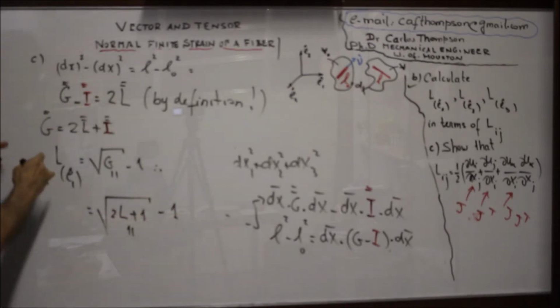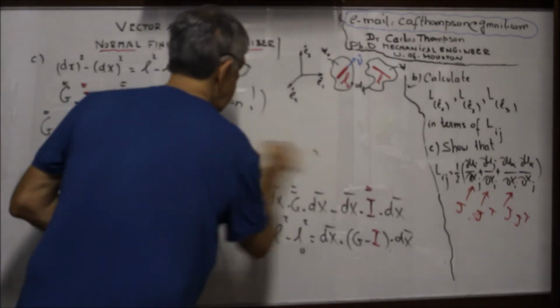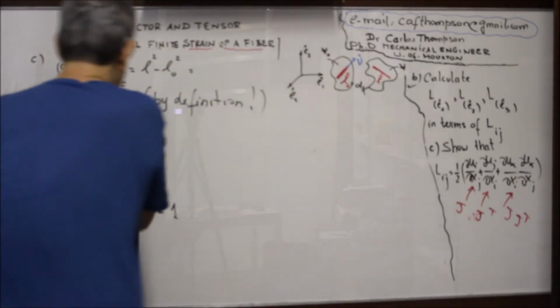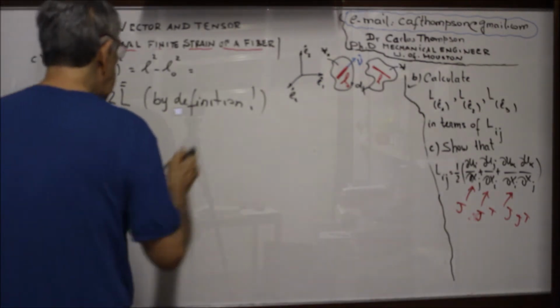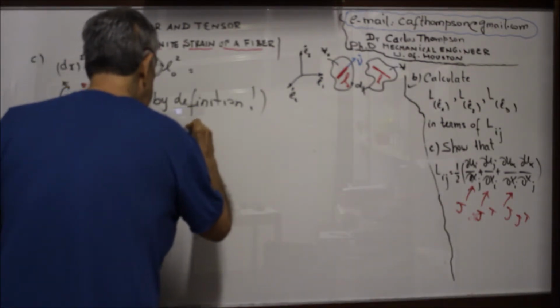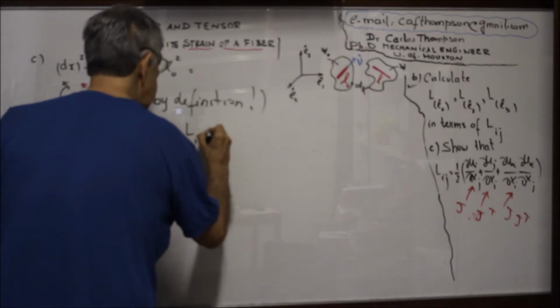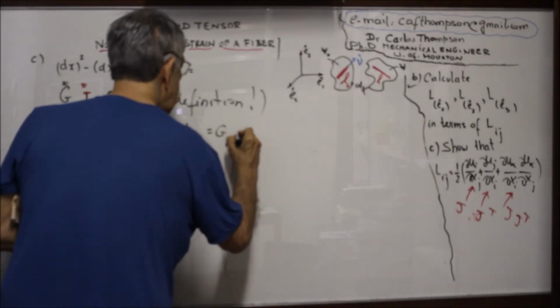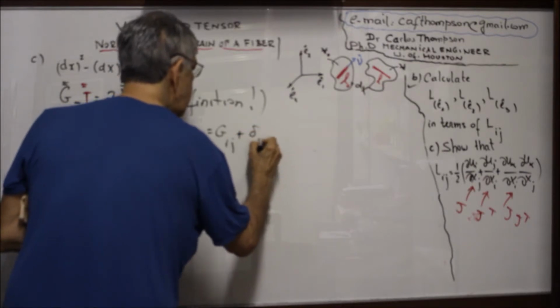Don't forget this, because that's for you to remember what we wrote. Gij is 2Lij plus delta ij.